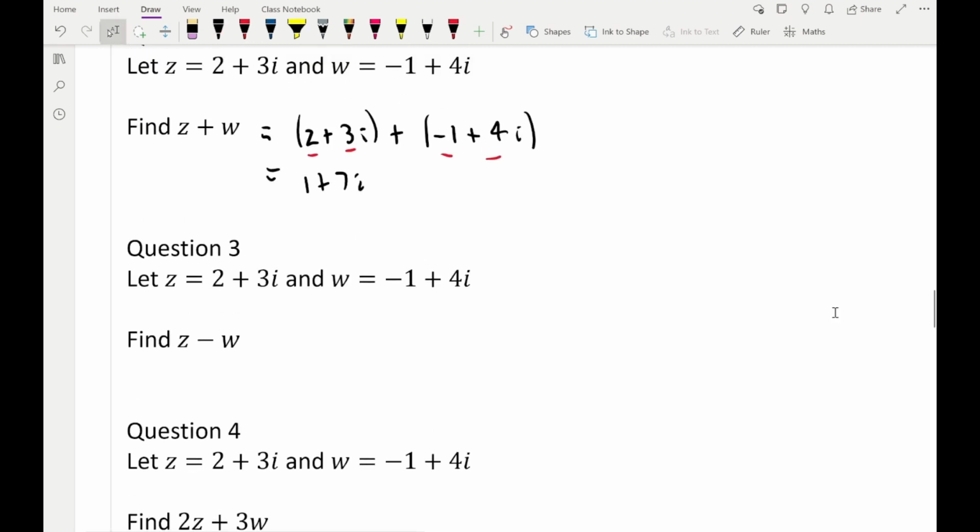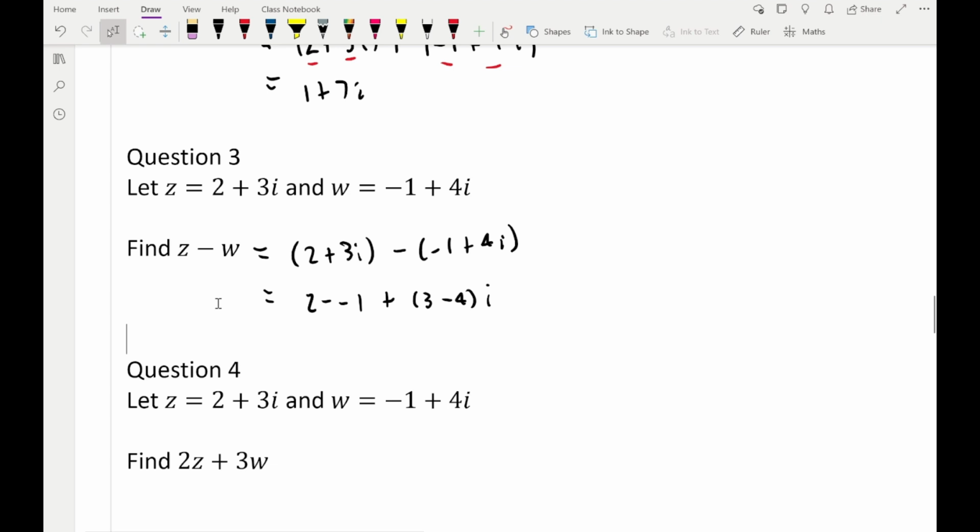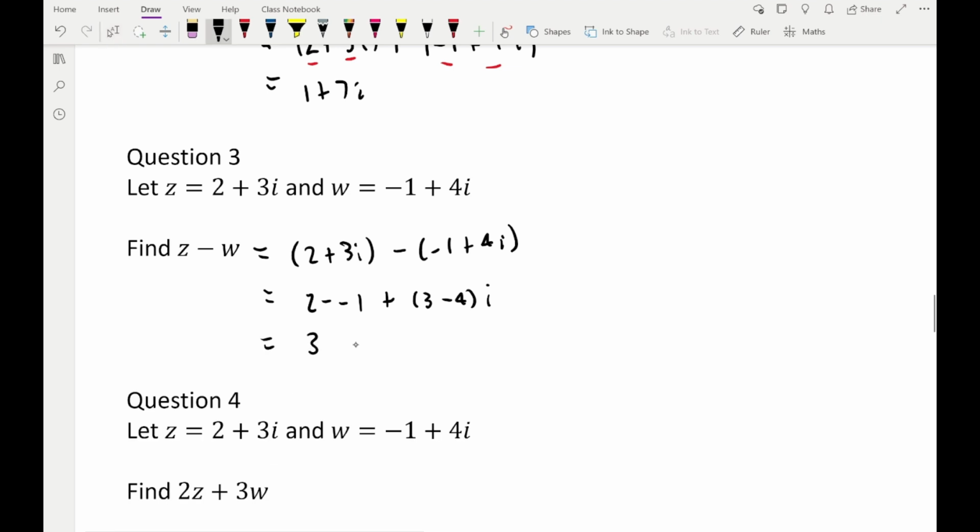Next, we've got those same two numbers, but I'm going to find z take w. So that's 2 plus 3i take minus 1 plus 4i. So 2 take away minus 1 would be my real bit, and 3 take 4 would be my imaginary bit. All up, this gives me 3 take i, because 3 take 4 would give you minus 1, so minus 1 is the imaginary bit.